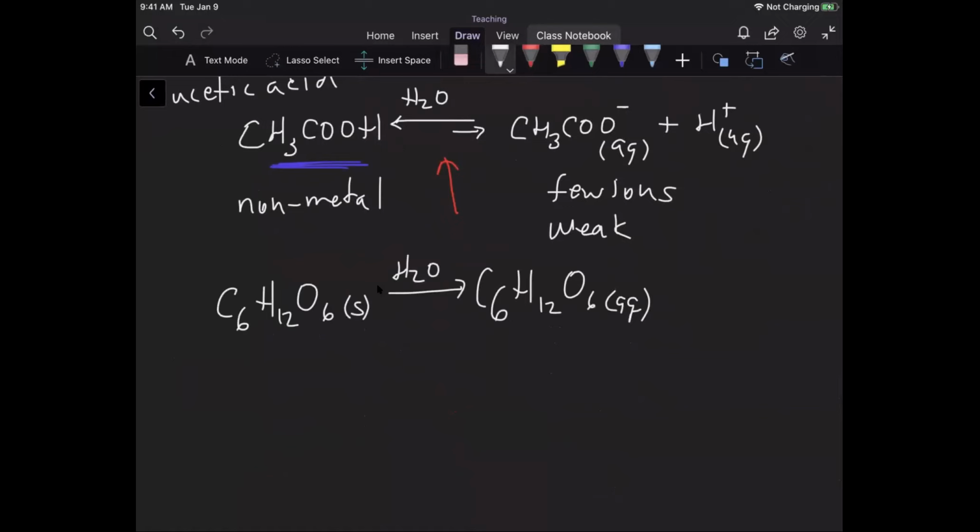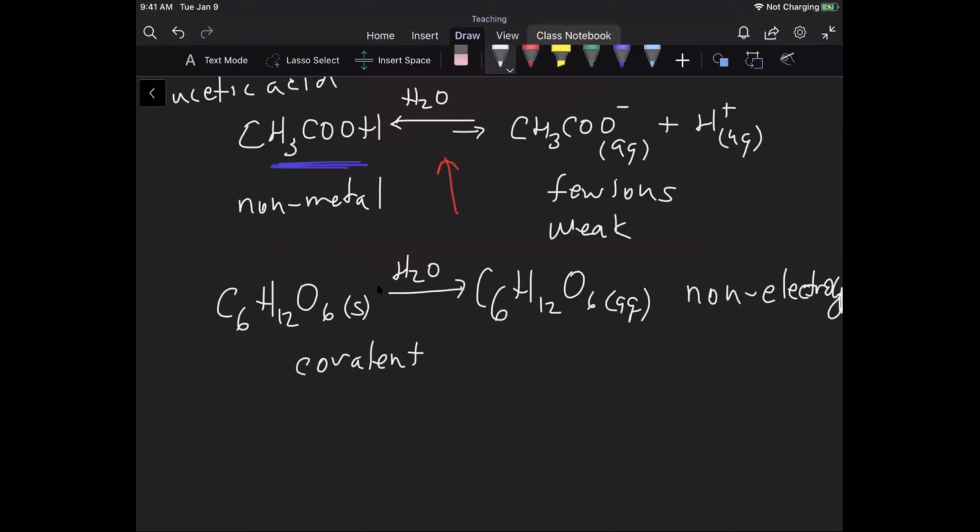Okay, it stays all together, non-electrolyte. Many non-metal compounds are like that, where they're covalent compounds, and because they're covalent compounds, they stay together. They don't split apart. Okay, so when I dissolve it in water, I get no electricity because they're non-electrolytes.